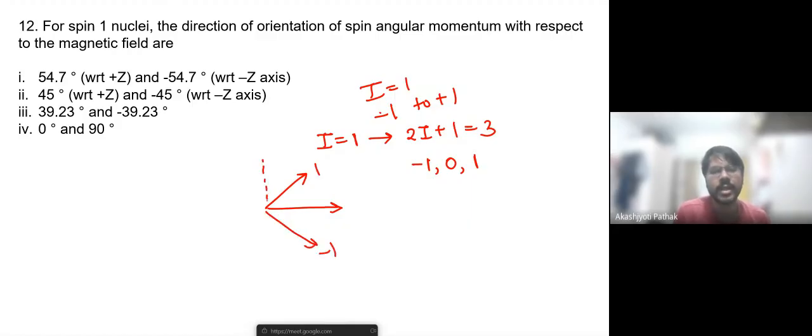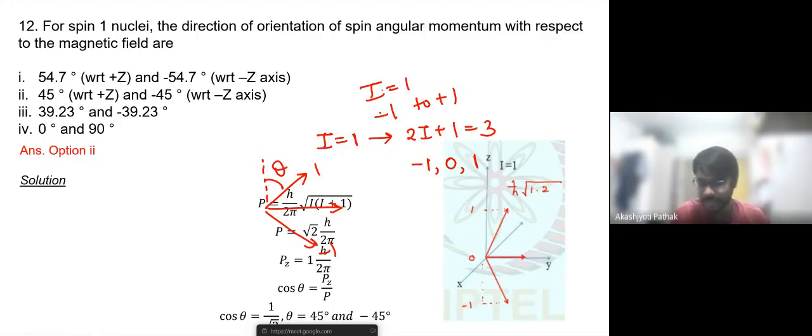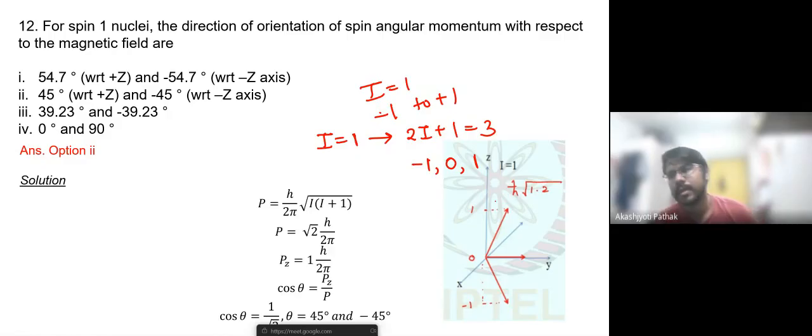Now you can calculate this theta angle. You have been asked to calculate the theta angle. These types of things have been discussed in the lectures already. So this will be 0, this will be 1, this will be minus 1. And you know that the spin quantum angular momentum will be h bar root over I into I plus 1.